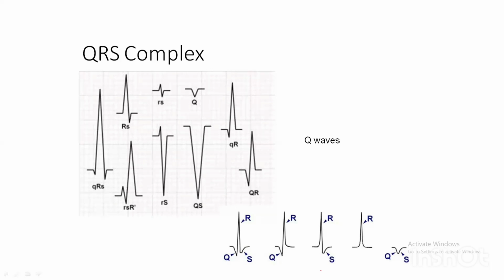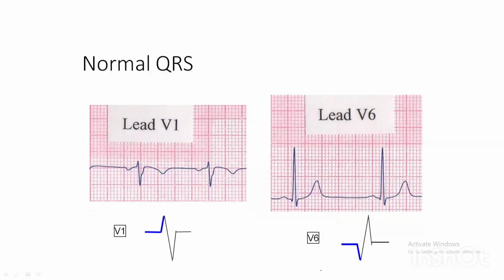To be significant, the Q wave should be more than 25% of the R wave, or more than 2 small squares in width. If you see a normal QRS complex in V1, there is slight prolongation of the QRS, and in V6 you can see just a septal Q wave. Small Q waves are seen.